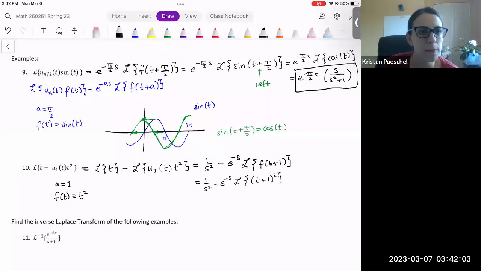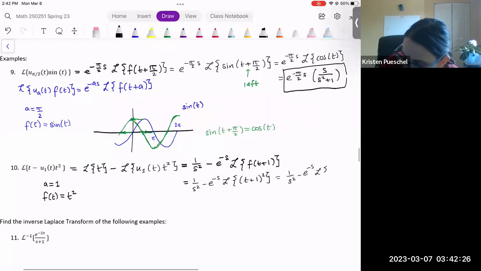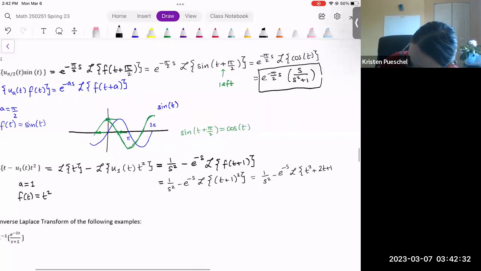And to easily compute this, we can just distribute, much like before, where we would distribute our products and powers before we integrated. Okay. All right, so this is going to be 1 over s squared minus e to the negative s times the Laplace transform of t squared plus 2t plus 1.